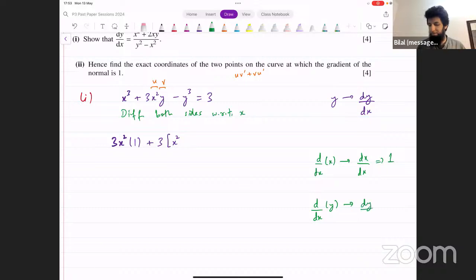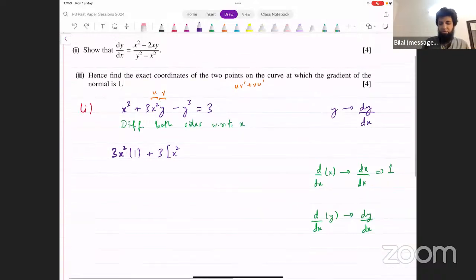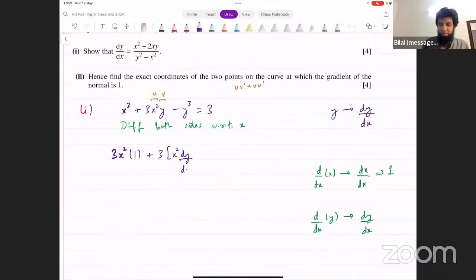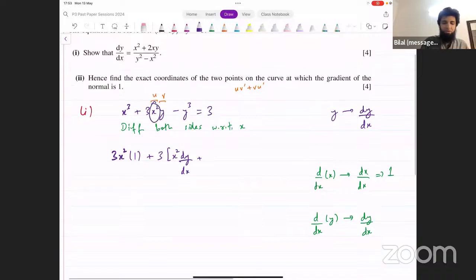That becomes dy over dx. And that is exactly what you're looking for. This is not going to be 1. Derivative of y with respect to x is going to be dy over dx. Derivative of x with respect to x, that will be 1. So what's the derivative of y here then? That's going to be dy over dx. So it becomes x squared into dy over dx plus derivative of u and v as it is. So v as it is, that means y as it is, into derivative of x squared. What's that? That is 2x.